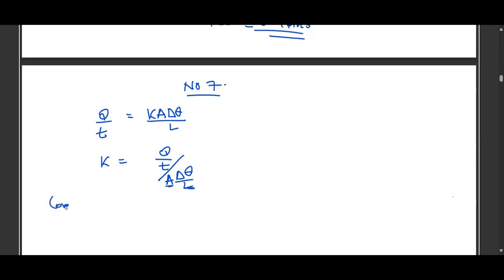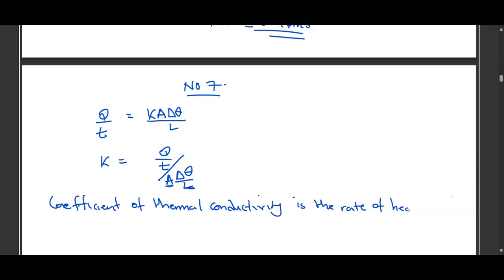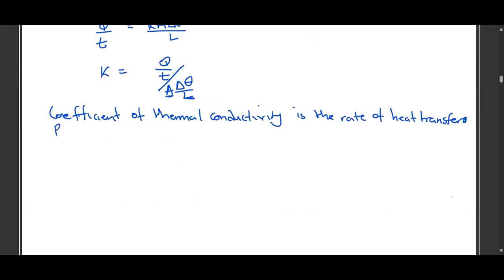Now, the definition of coefficient of thermoconductivity: it is the rate of heat transfer per unit cross-sectional area per unit temperature gradient.